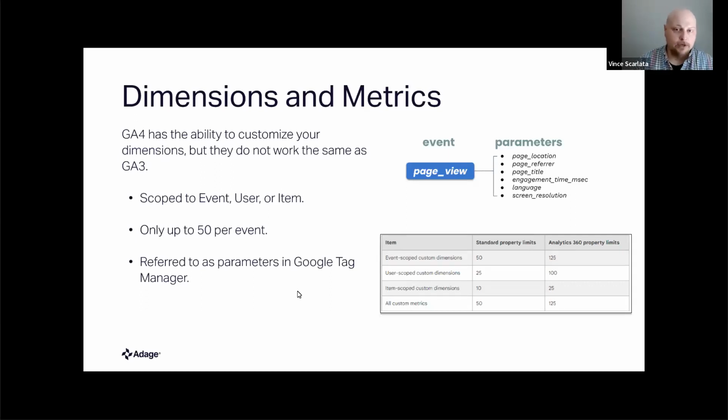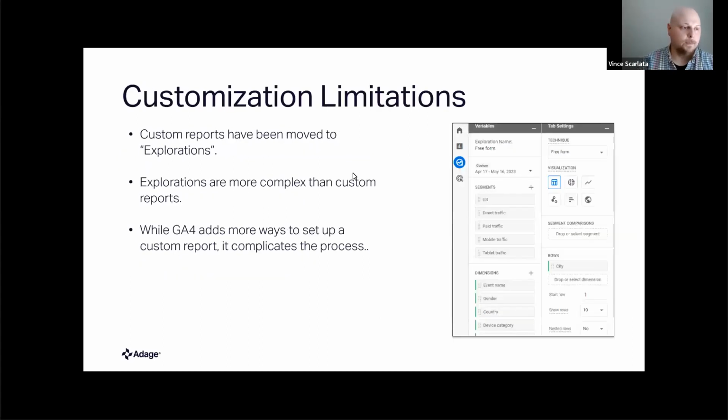The last thing I want to mention is that within Google Tag Manager, everything is referred to as parameters rather than the dimensions that you see within GA4. There's just a nomenclature issue there, but nonetheless, just be aware that it's going to say that differently, but you're sending that data correctly.